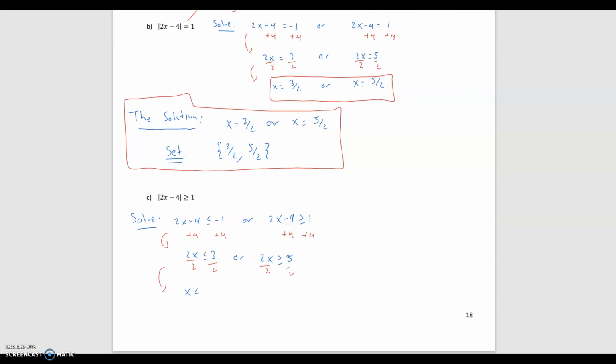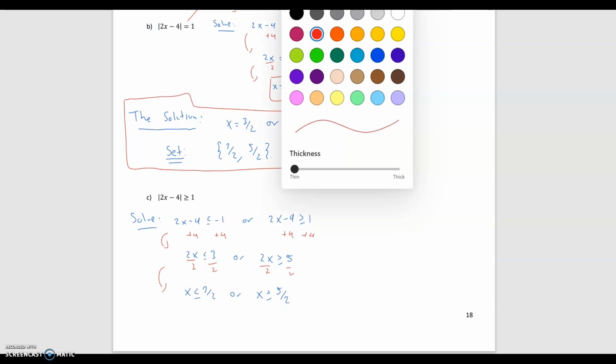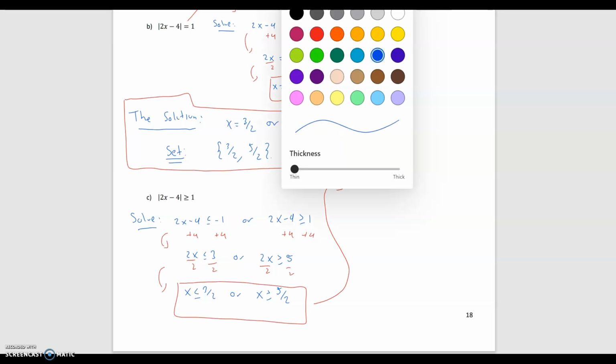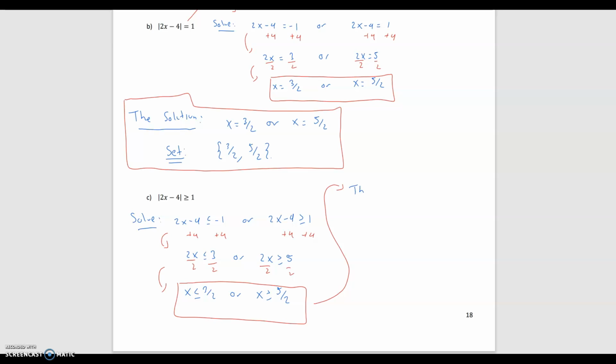So we would end up with x is less than or equal to 3/2, or x is greater than or equal to 5/2. And let me just rewrite it as the solution. x is less than or equal to 3/2, or x is greater than or equal to 5/2.